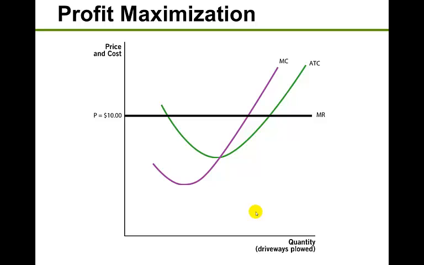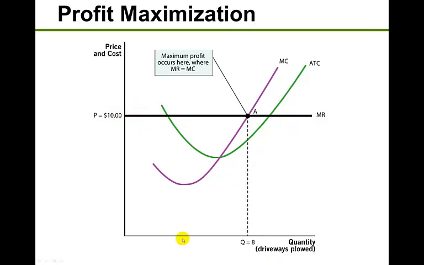So here the market price is $10, and the quantity that I produce, I want to find a quantity along this axis where my marginal cost curve is equal to my marginal revenue curve. So I find the place where these two things cross, I trace this down, and this is the quantity that I should produce to maximize my profits.